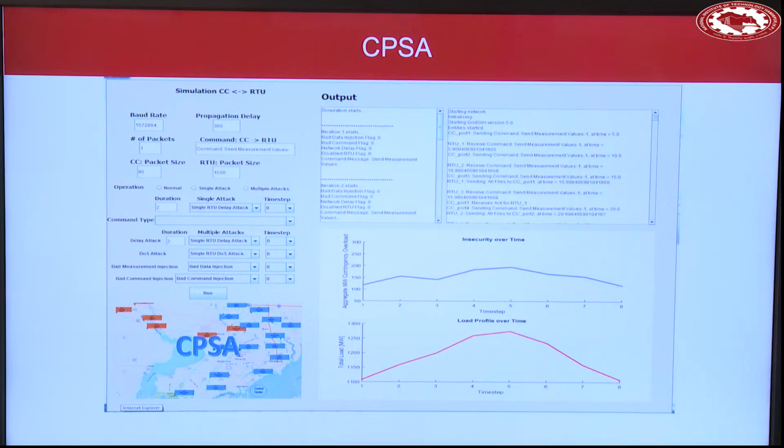Polling means you are requesting the RTU to send the data. Everything is done in a command way. The control center sends a poll command to all the RTUs at substations, expecting them to send their data at this point in time. What will the RTU do? Through sensors, they sense current measurements from the devices, send them back to the RTU, and the RTU sends them back to the control center.